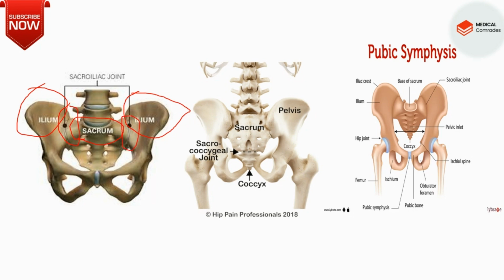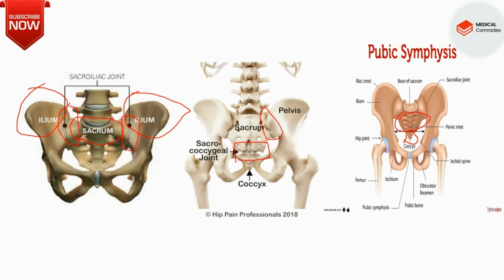These are the sacroiliac joints, and this is the sacrococcygeal joint. Here you can see clearly: it is coccyx, it is sacrum.